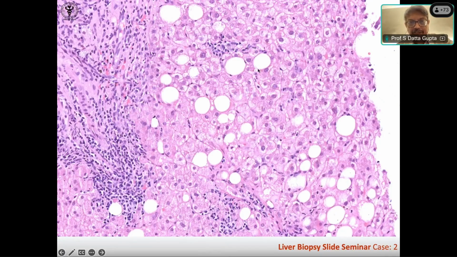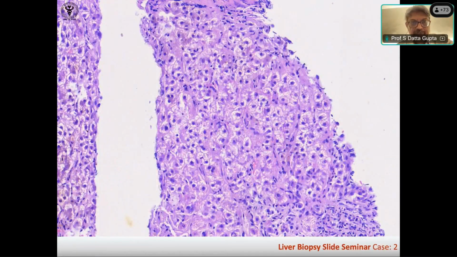Very good. You're finding fatty change. Microvesicular fatty change is seen in the periportal area. See, these are some large cells with fat perhaps, right? And you're finding these hepatocytes arranged in small groups.